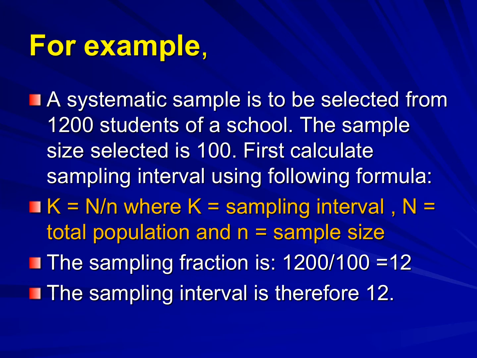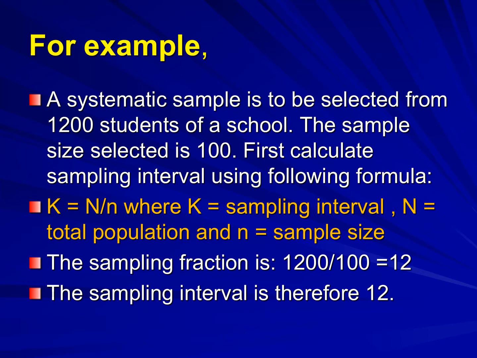So our first step should be framing, or preparing a sampling frame. That means we have to give identity numbers to each and every one of the 1200 students, and prepare a list of 1200 students. That will give us a sampling frame. Now the second step, we have to calculate a sample size. Here our sample size is already given, that is 100.